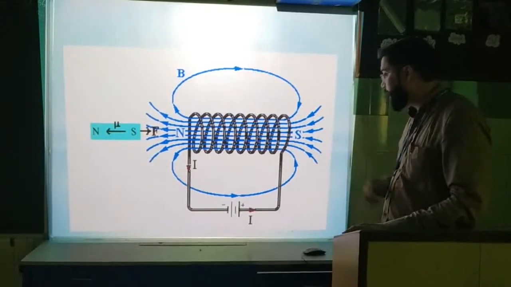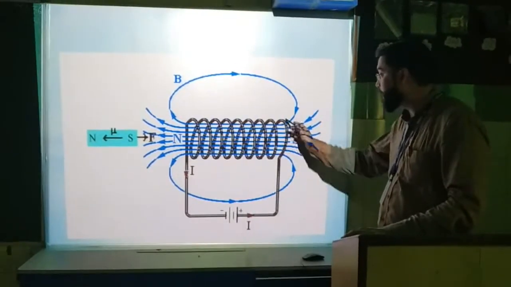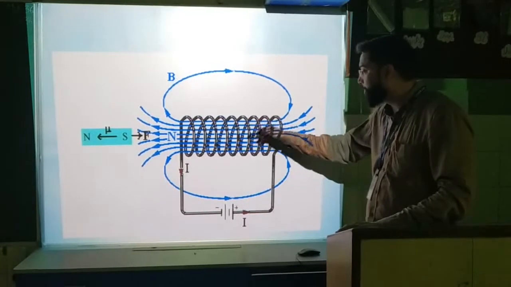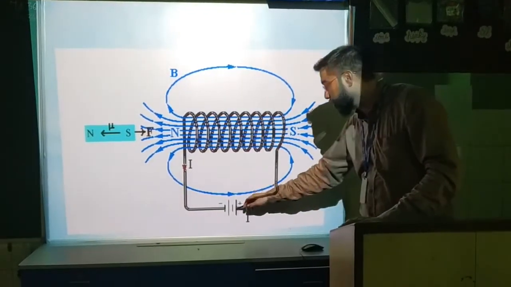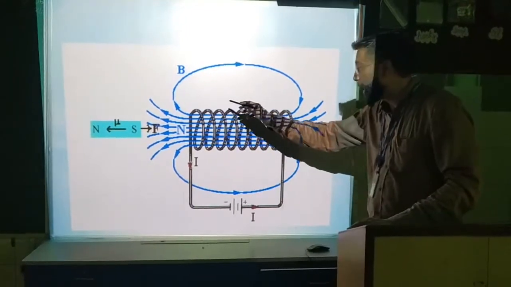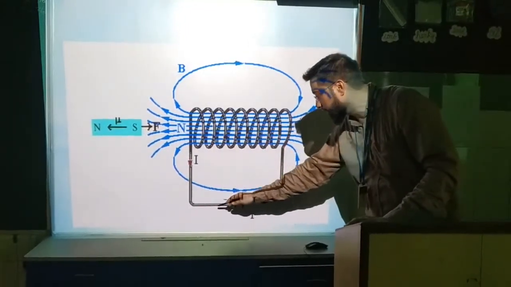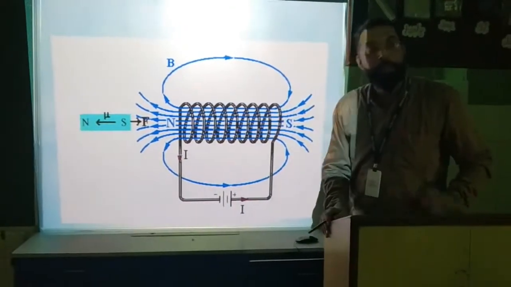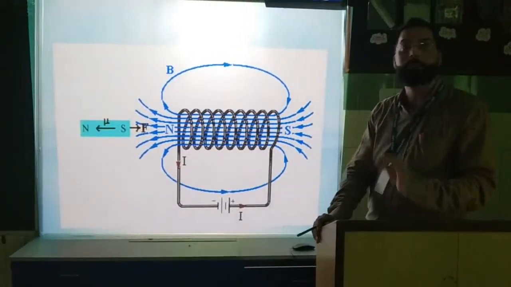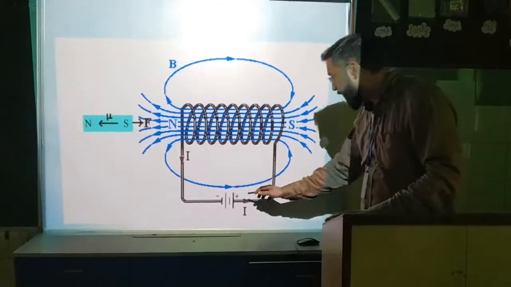As you see, this is a solenoid having the shape of a tight spring, having two ends. One end is connected to the battery's positive terminal and the other end is connected to the negative terminal. Now what is the direction of electric current? The direction of electric current is from positive to negative, as shown by this.